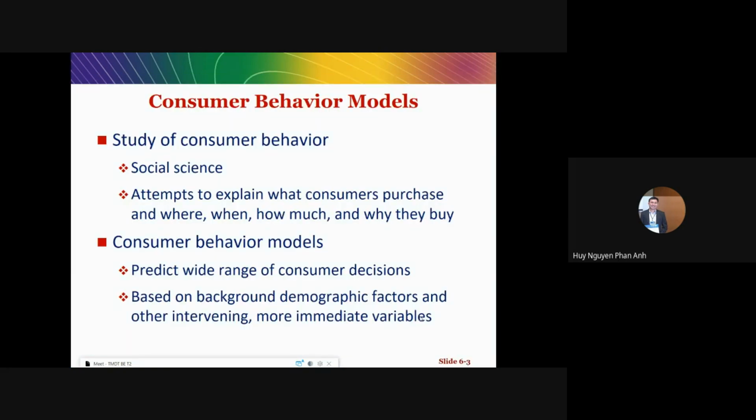When we're talking about marketing, we should learn about consumer behavior models. So what are they?